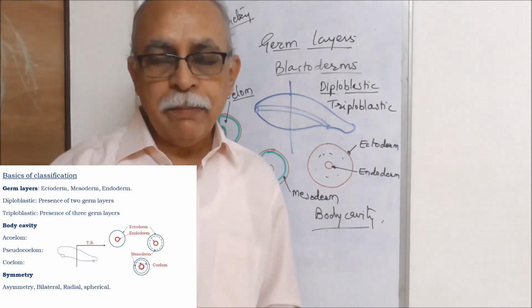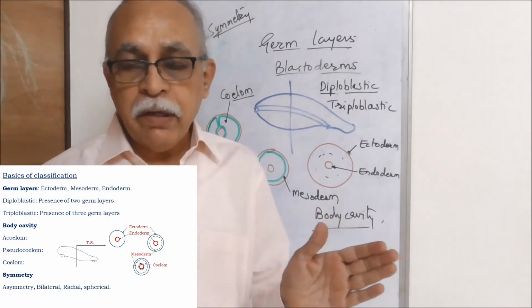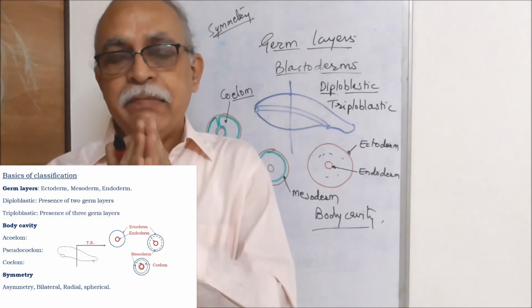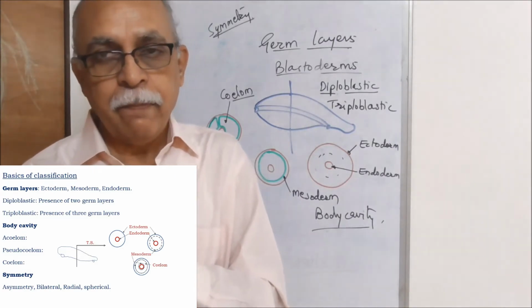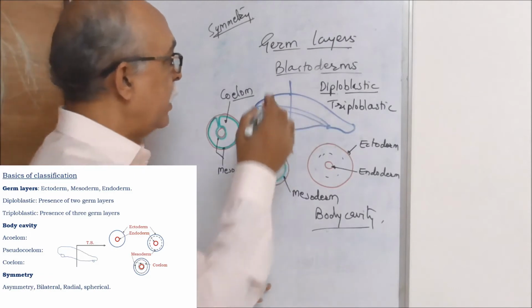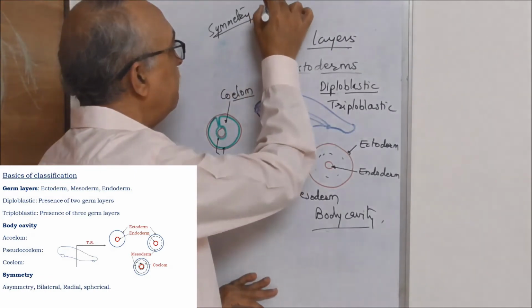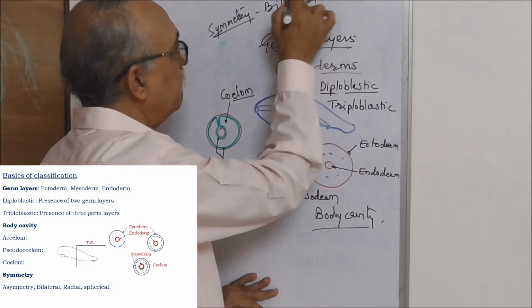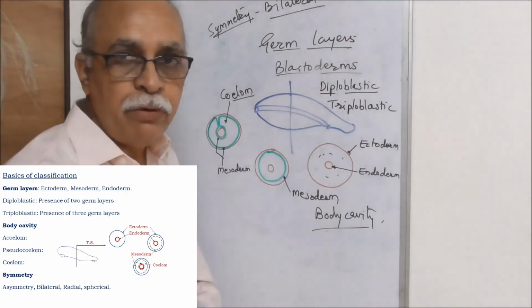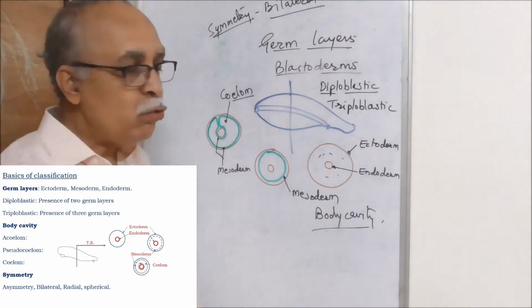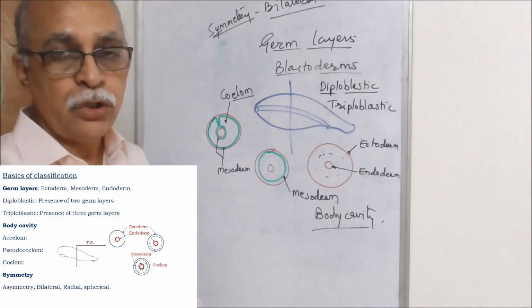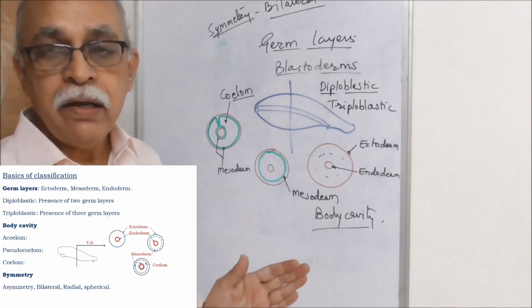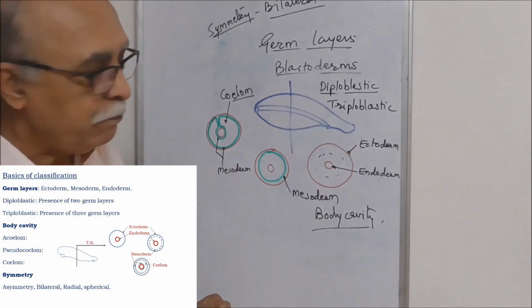There's only one single plane of symmetry that can divide the animal into two exactly symmetrical halves. Then you can call it bilateral symmetry. Bi means two, latera means sides. Only two symmetrical sides are there, hence it is bilateral symmetry.